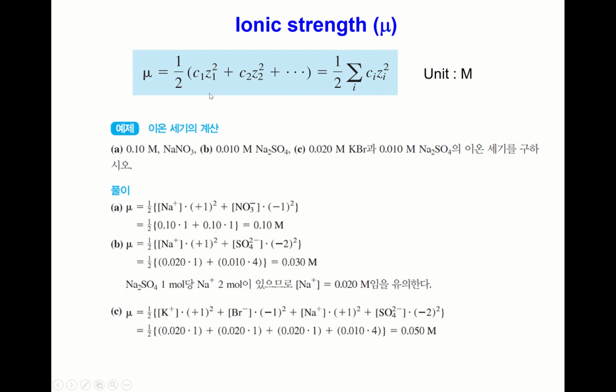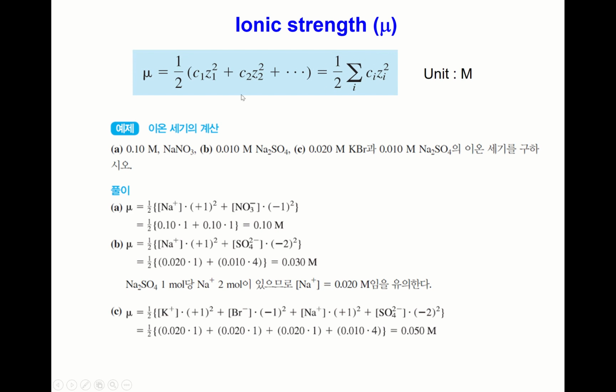Because if you don't square, there are always positive and negative charges, so this term may be zero. To avoid zero, the charge is squared. So you add all the ions' contributions, and in short, you can write it this way.